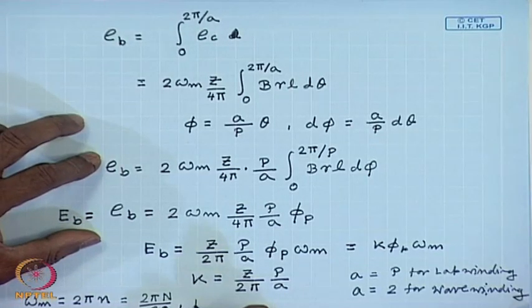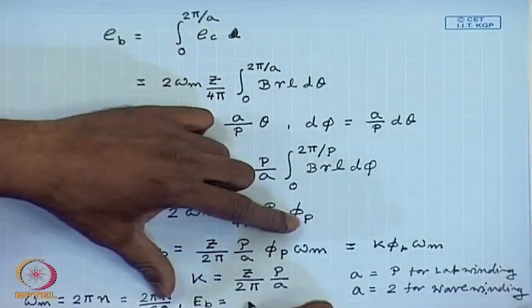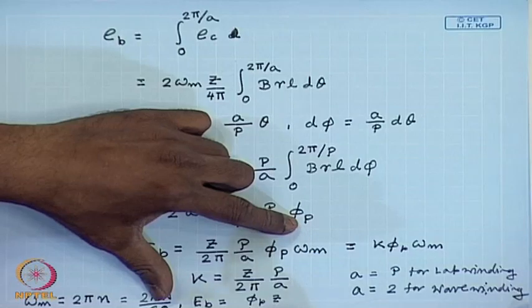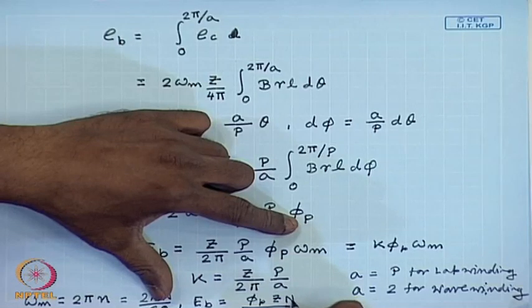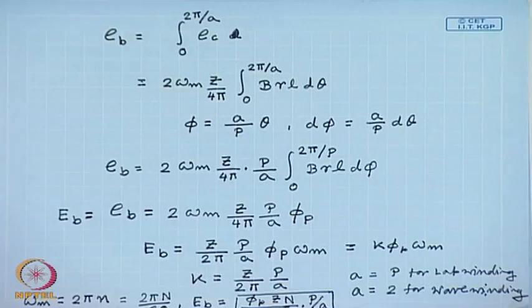So, E b can be written as phi p Z N by 60 into P by A. This formula is also very much in use. So, we have seen how to find out the induced EMF in a DC machine from the first principle.